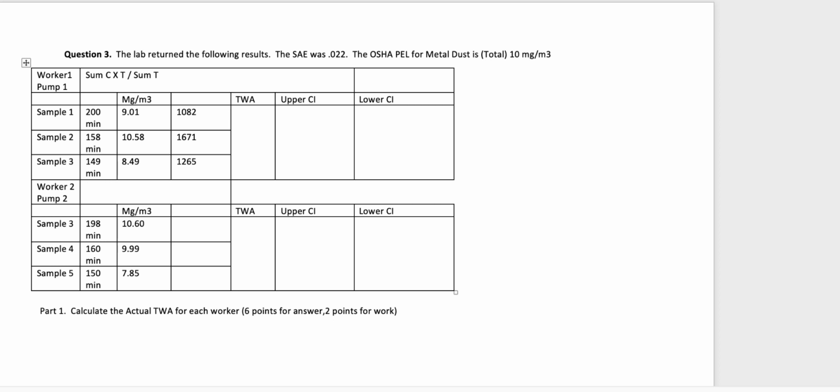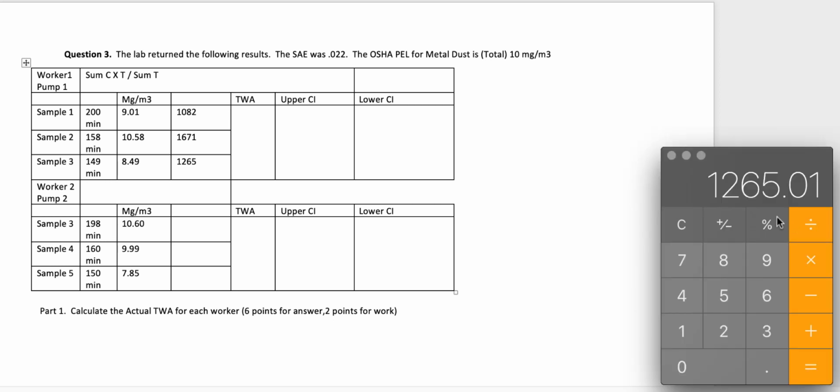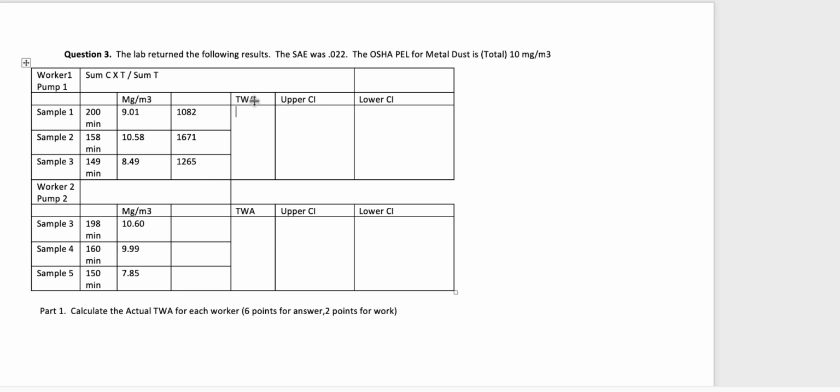Now I'm going to sum time. So I have 200 plus 158 plus 149, 507. Okay, so now I'm going to sum my concentration times time and divide by the sum of time.